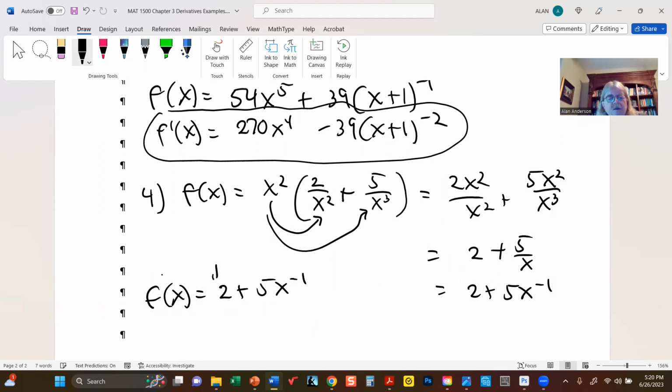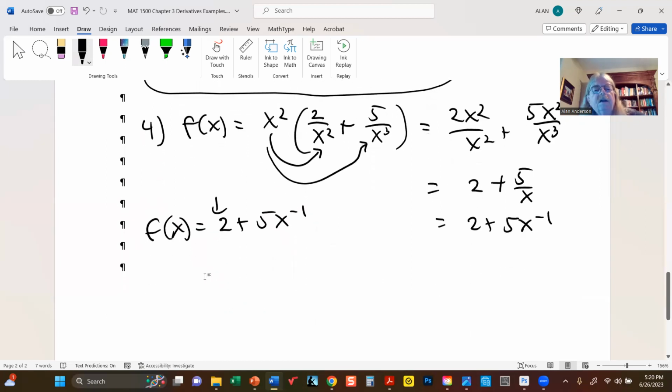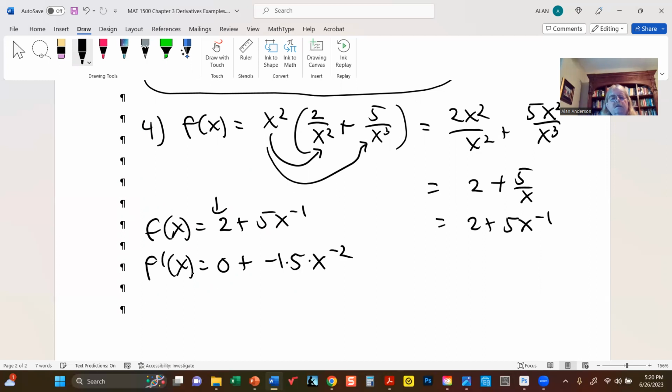Now, obviously, this one is going to go to 0 because we're applying the constant rule, but in the second term, we'll use the product rule. And that's the final answer.